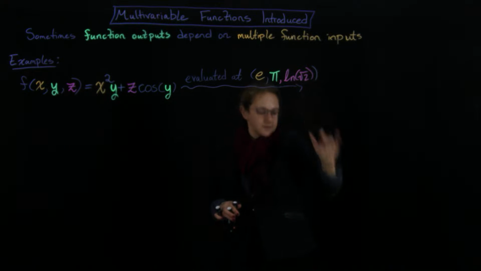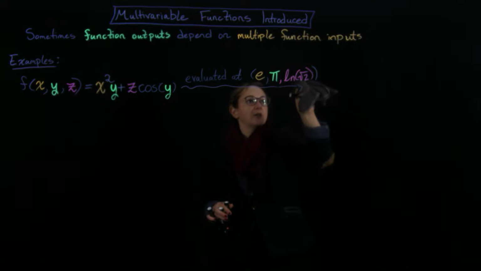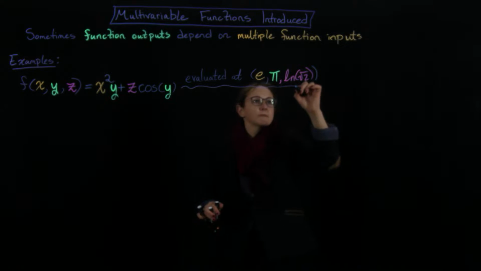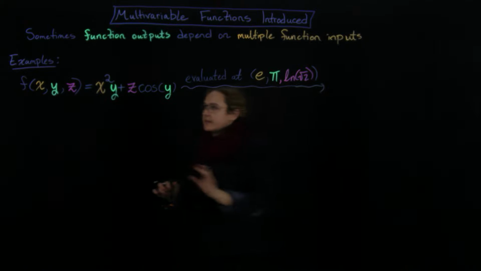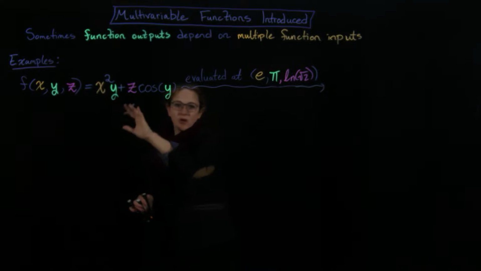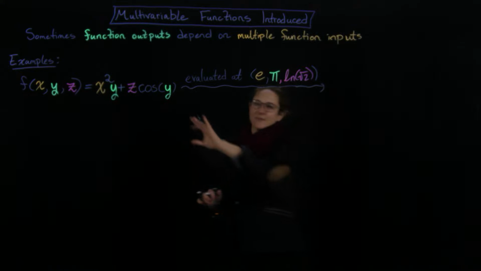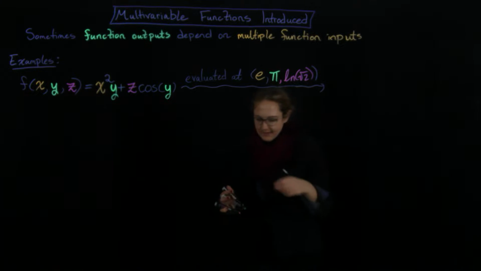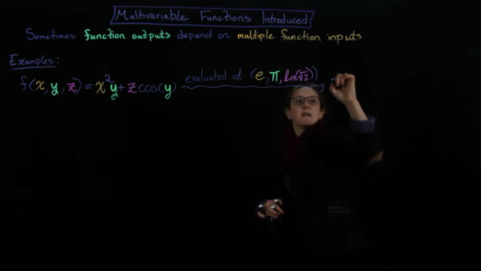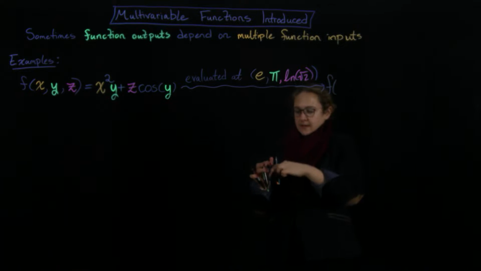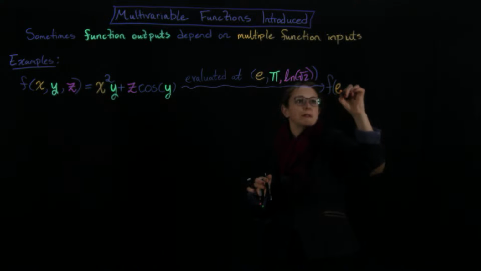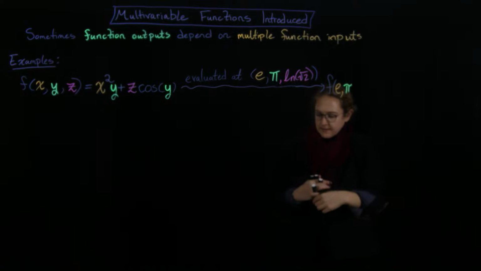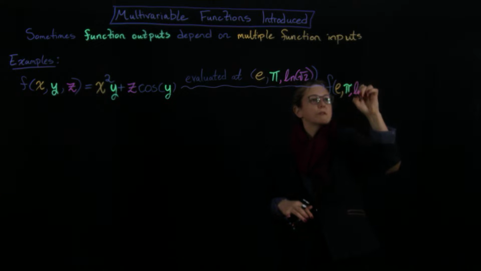Okay, so what happens when I evaluate that function at this point? You could think of it just like before where I put parentheses for the variable, except now I have to put different parentheses for the different variables, and I'll use different colors for that. So we have f of e, pi, and then the natural log of the square root of 2.